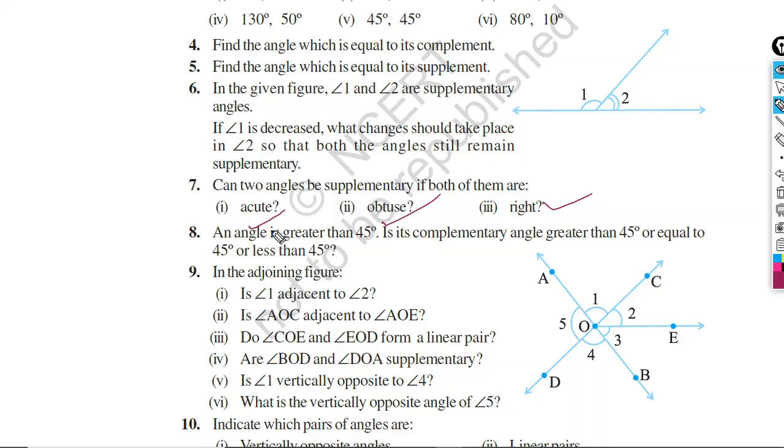Now we will move to question number 8. An angle is greater than 45 degrees. Is its complementary angle greater than 45 degrees, or equal to 45, or less than 45?